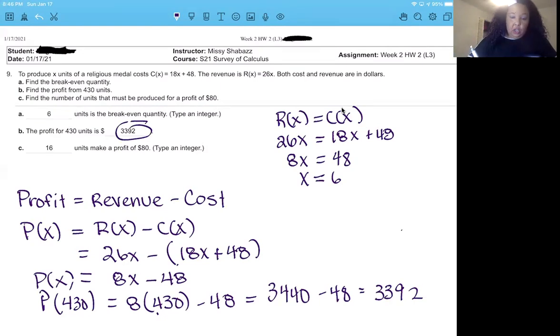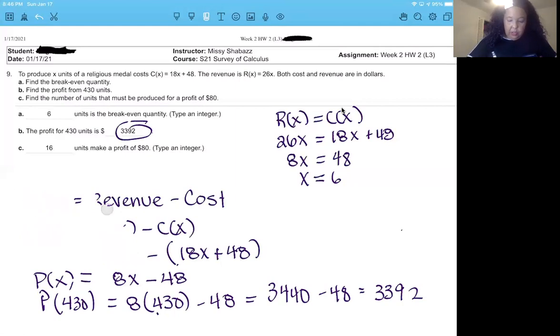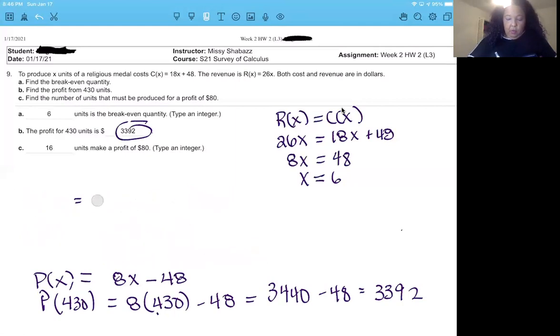And then lastly, part C says, find the number of units that must be produced for a profit of $80. So we are going to set our profit equal to 80 and then solve for X. So I'm going to erase this part and then move our profit function up.